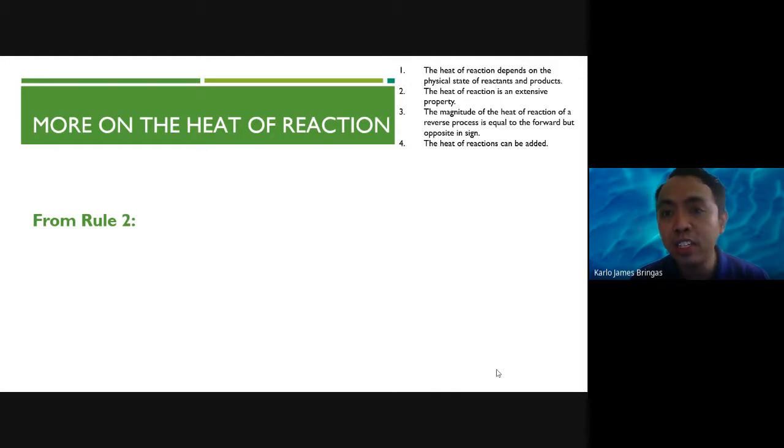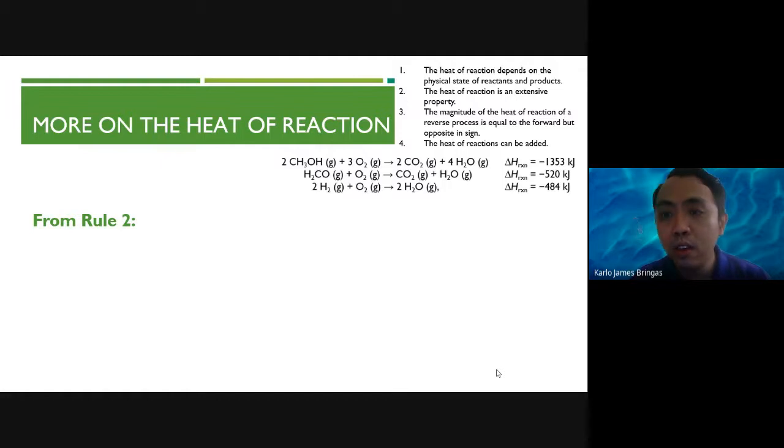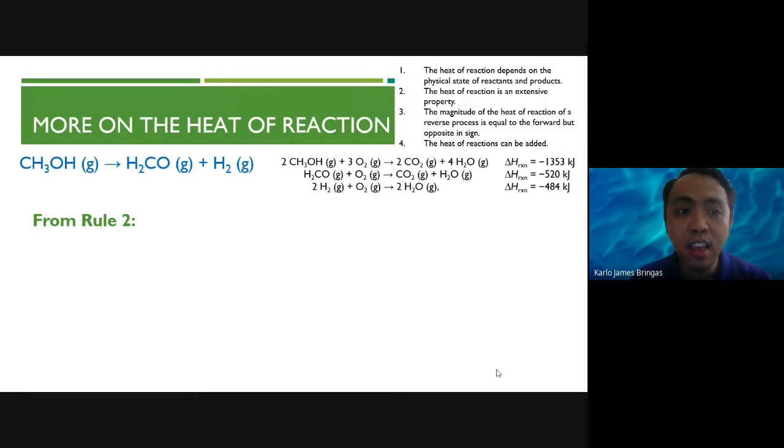We just put it in there sa taas para may guide lang tayo. We also have the given data that are all summarized in here for our reference. And finally, in blue is the particular chemical process whose delta H we are looking for.